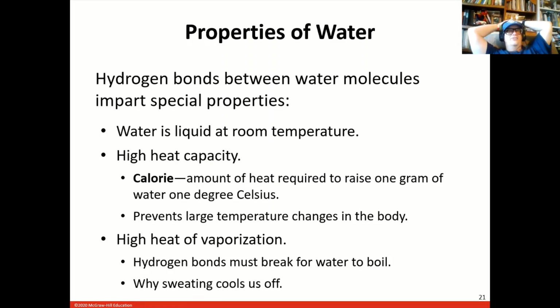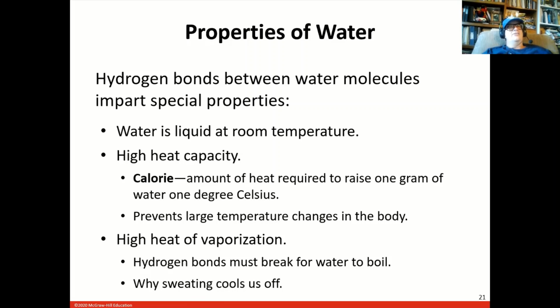What I'm saying is that if you want to evaporate the water, turn it into a gas, you're going to heat it up until it boils. You have to put in enough heat to break all those hydrogen bonds so the water molecules can escape as a gas. So high heat of vaporization, high heat capacity.